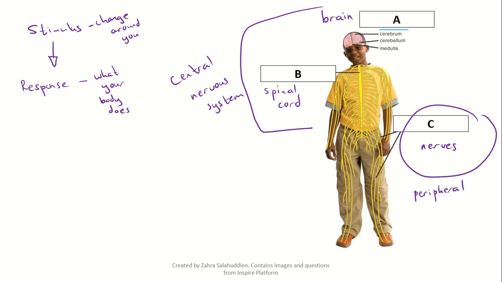So the stimulus is the change around you. Your response, what your body does. Okay? Sometimes our body has to respond quickly. So very quickly, our body has to do something. For example, if we touch something very hot, like a hot pan, if you touch this, your body will react very quickly.